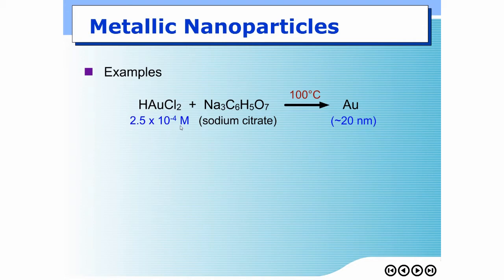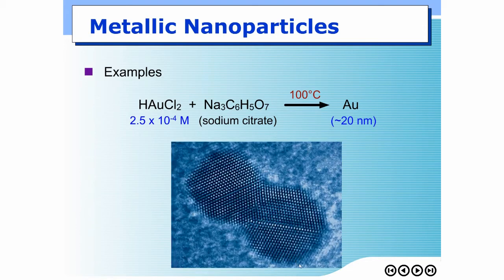The concentration is in millimolar, or even more dilute, and the diameter of particles obtained will be about 20 nanometers. These are common particles, and you can see from this TEM picture that the atomic arrangement is really in order, so that the whole particle is a single crystal.